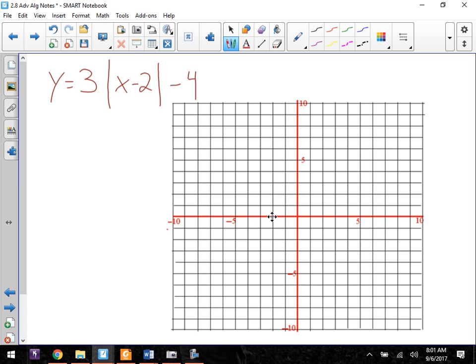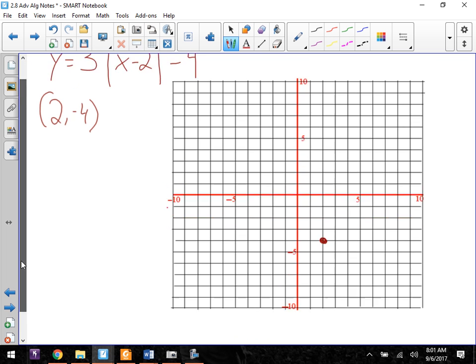So where do you start? You start at 2, negative 4. 2, negative 4 is your vertex. And what's your slope? 3. So I start plotting from that spot. Up 3 over 1, up 3 over 1.